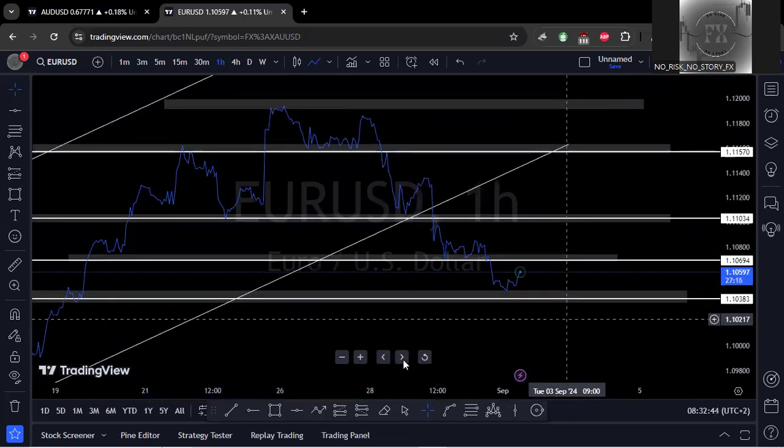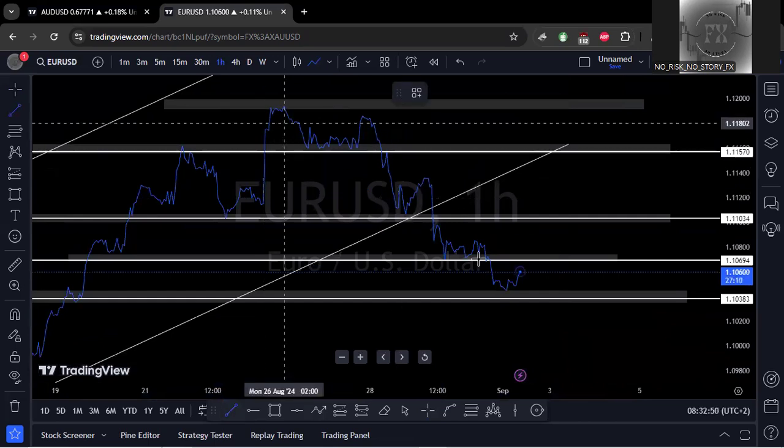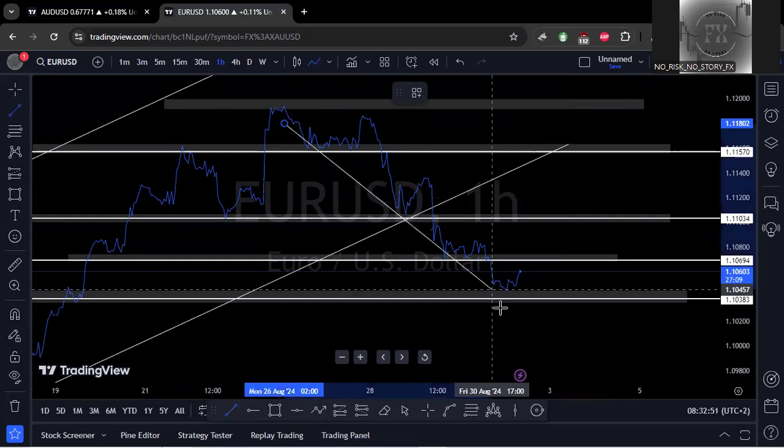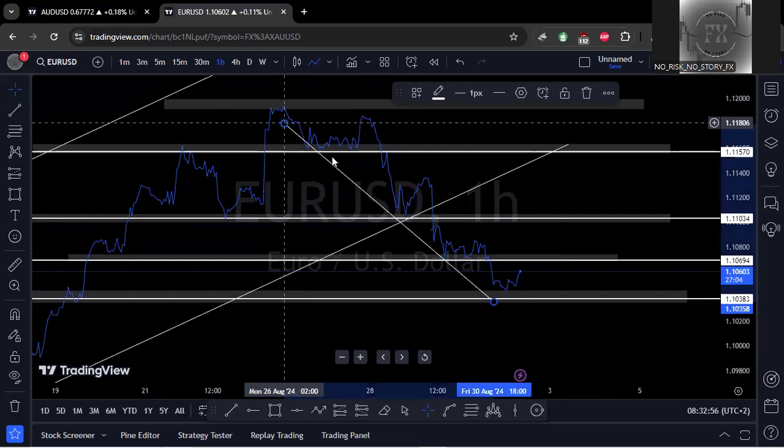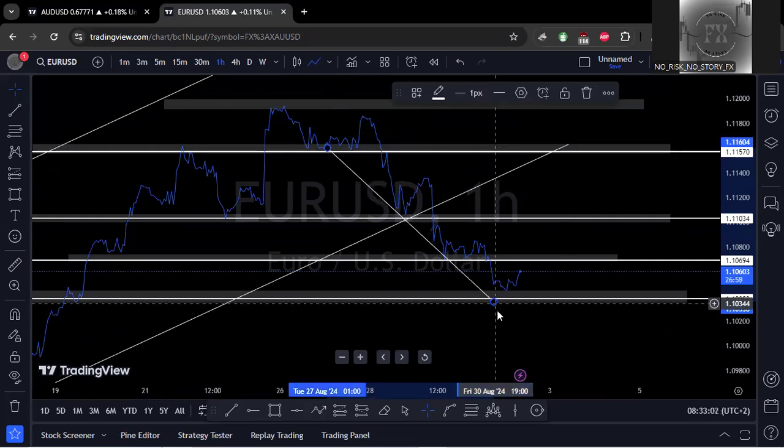So guys, what I can see already here is that we've been bullish and now we've slightly created a bearish trend, right? So I like to start from this zone.